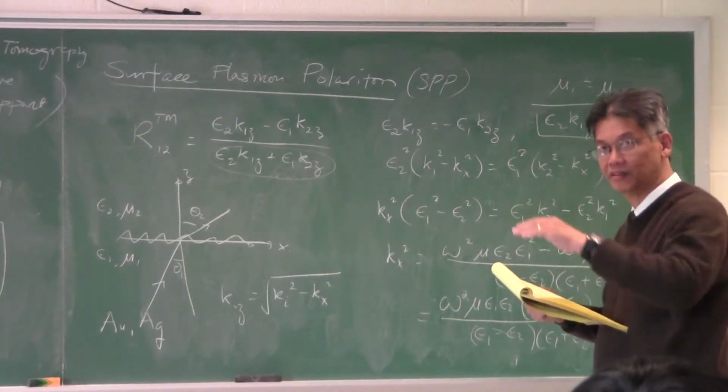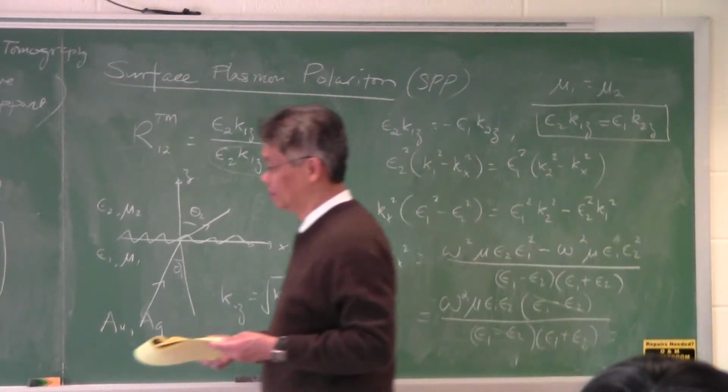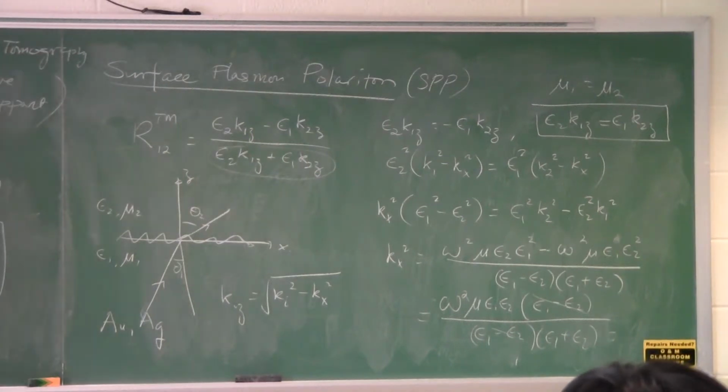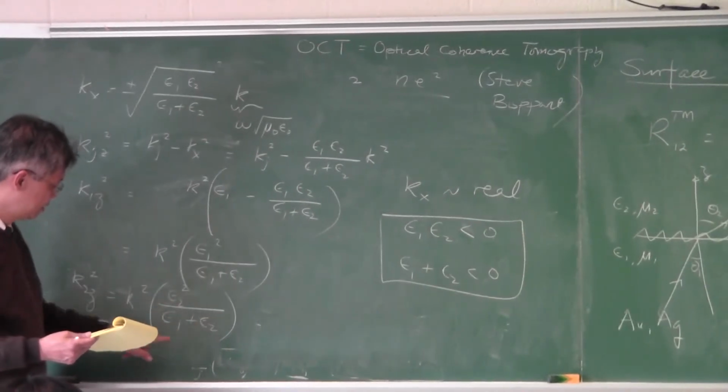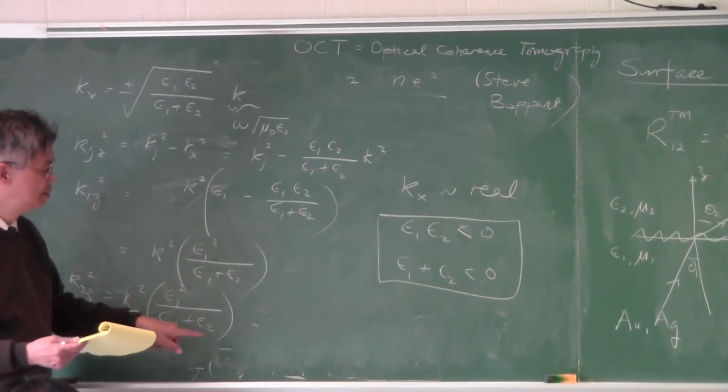It decays because, if you look at a free electron gas model, this cannot be purely negative. So if this is negative squared, it will be positive, but the denominator will be negative by one of these rules.